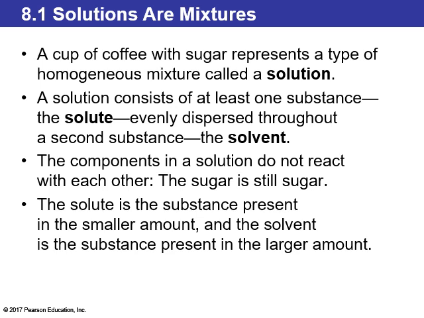So in this case, water is our solvent. For most biological systems, we're going to find that water is our solvent. And water dissolves the sugar. So the sugar would be the solute. That's the thing that is dissolved in the solvent. So the solvent is always going to be the thing that is present in the larger amount.